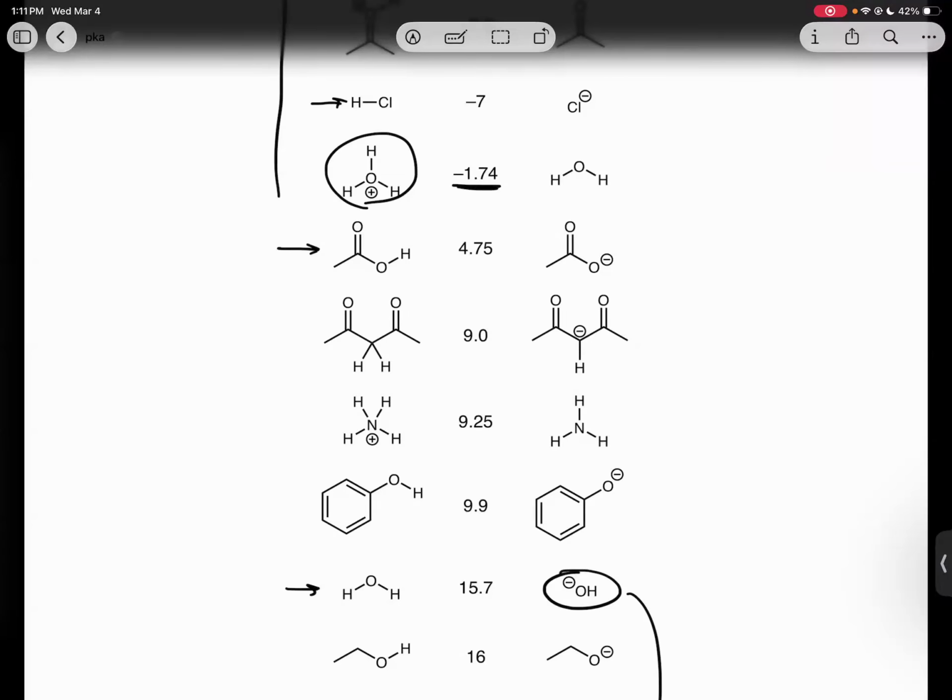They always have to have some sort of cation with them. And you could say that the opposite is true. If you have a positively charged ion or an acid, that always has to be accompanied by an anion.